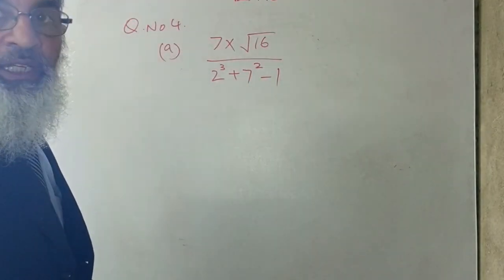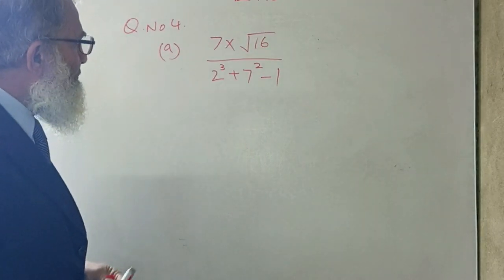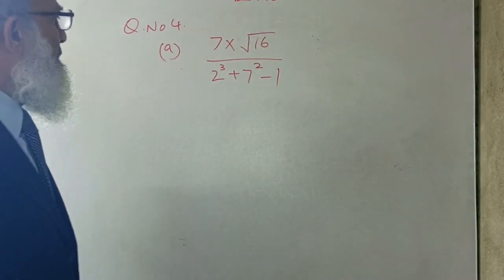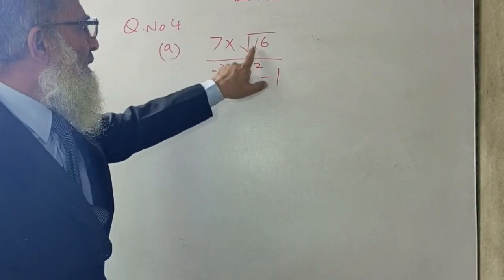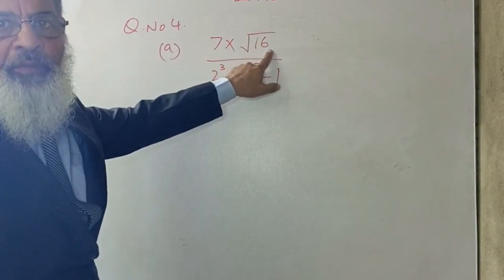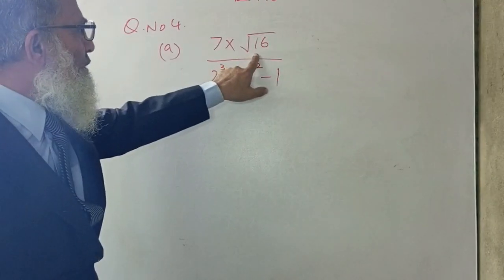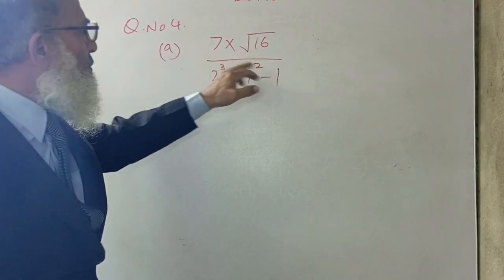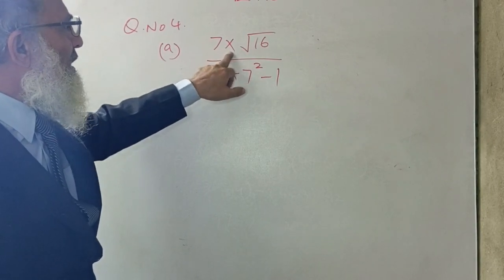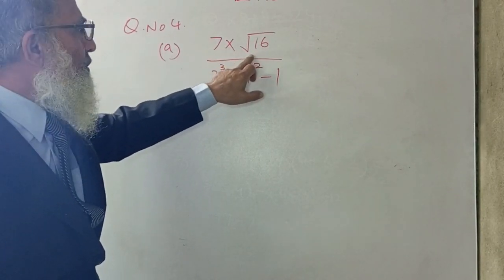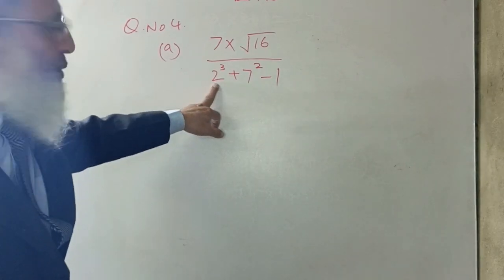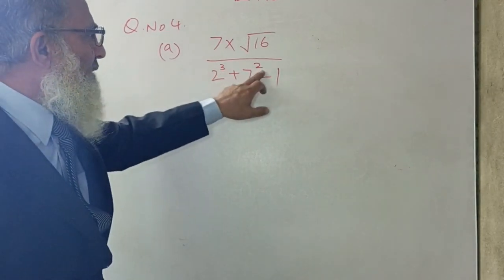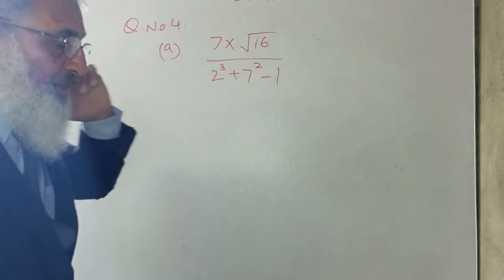Now you see, we are given with the powers now, and this is also a half power. You can say it is square root. 7 multiplied square root of 16 and the powers 2 raised to power 3 and 7 raised to power minus 1.